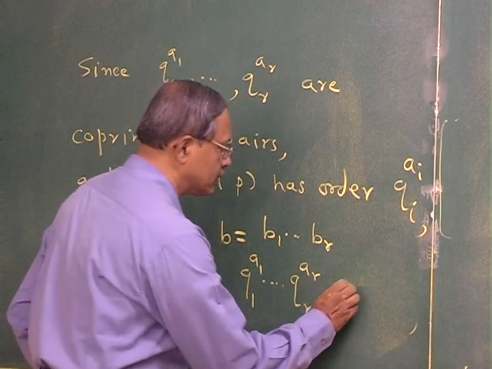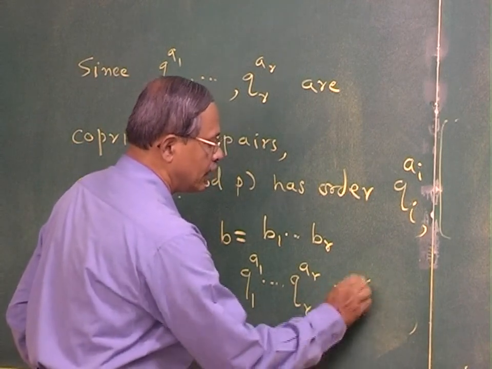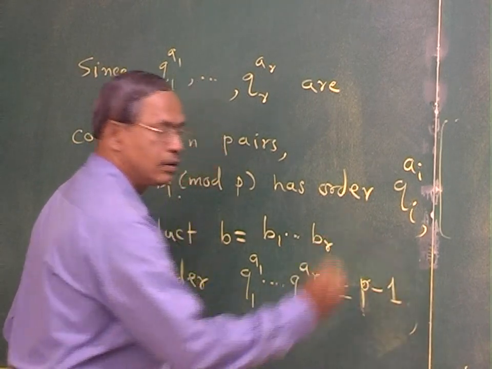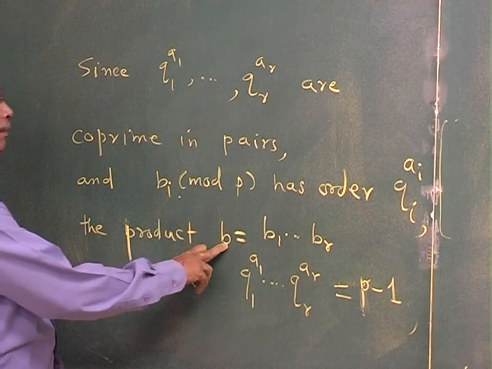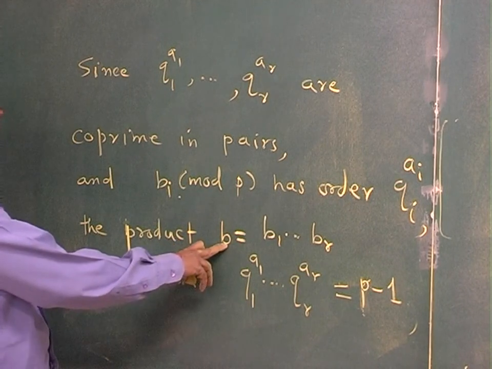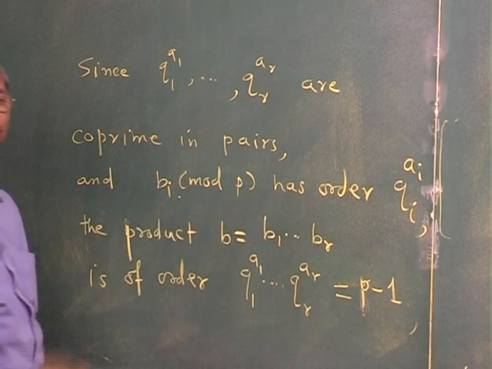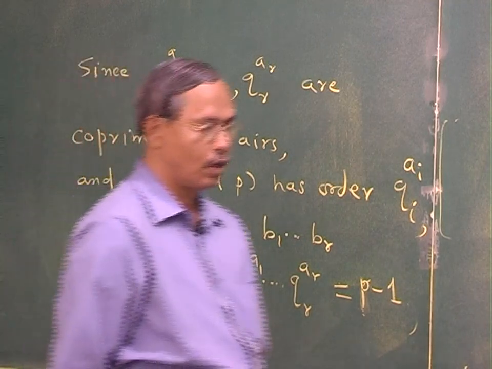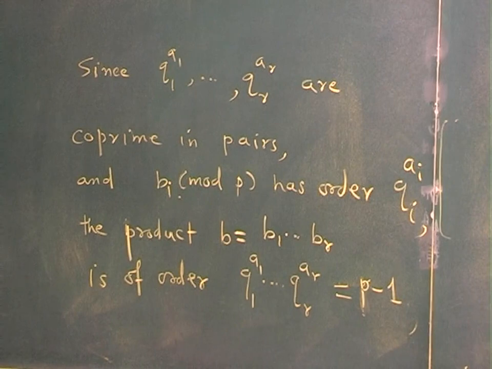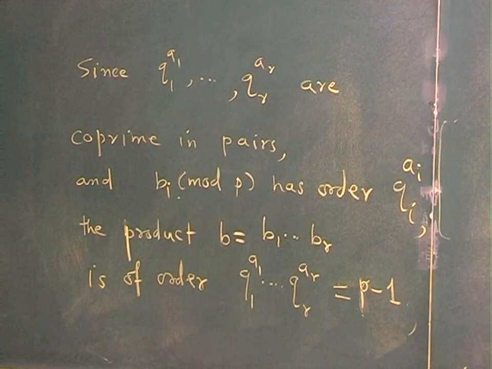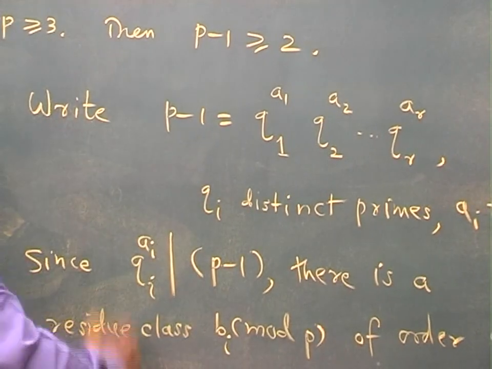But what is this? This is exactly P minus 1. So we have got an element B such that the order of B mod P is P minus 1. So we are using the factorization of P minus 1 in this. That P minus 1 is Q1 raised to A1 etc., so B is of order this product, that's P minus 1.